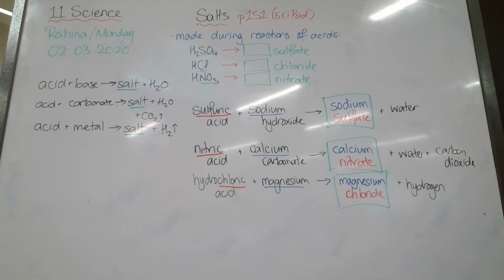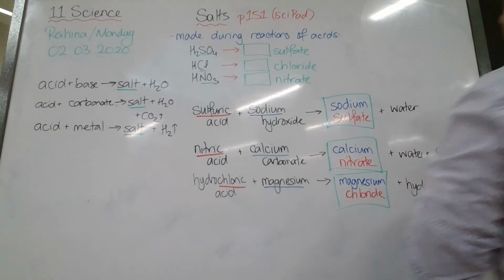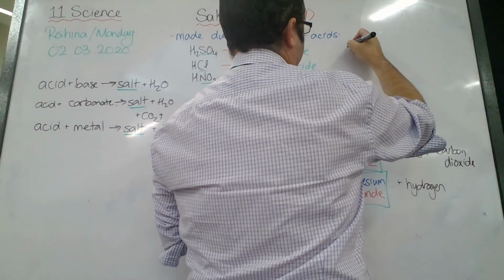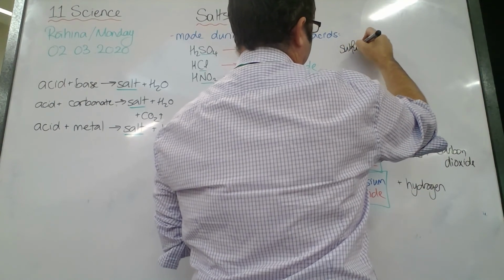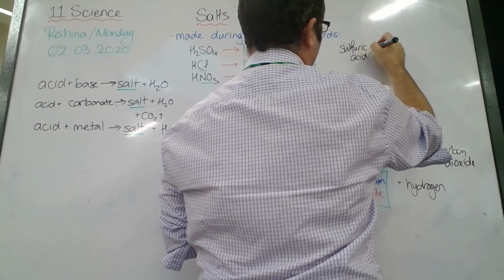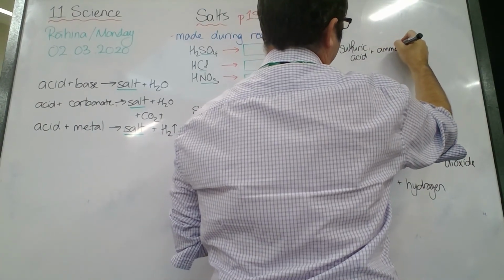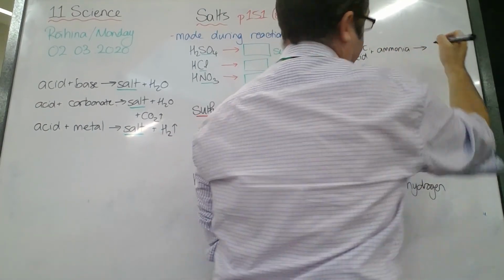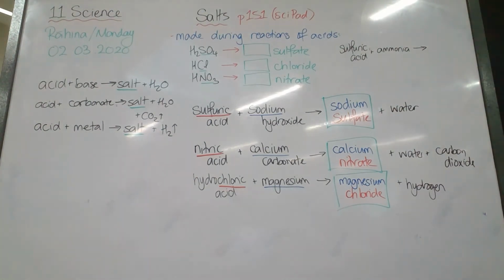The only tricky one you're going to get, and I'm going to put this up as a last example, is when it reacts with ammonia, because ammonia becomes an ion called ammonium, which is one you need to know. I'll put this one up here because it's a bit of a special case. If I had sulfuric acid again plus ammonia, in this case they just join together, they don't actually make water.